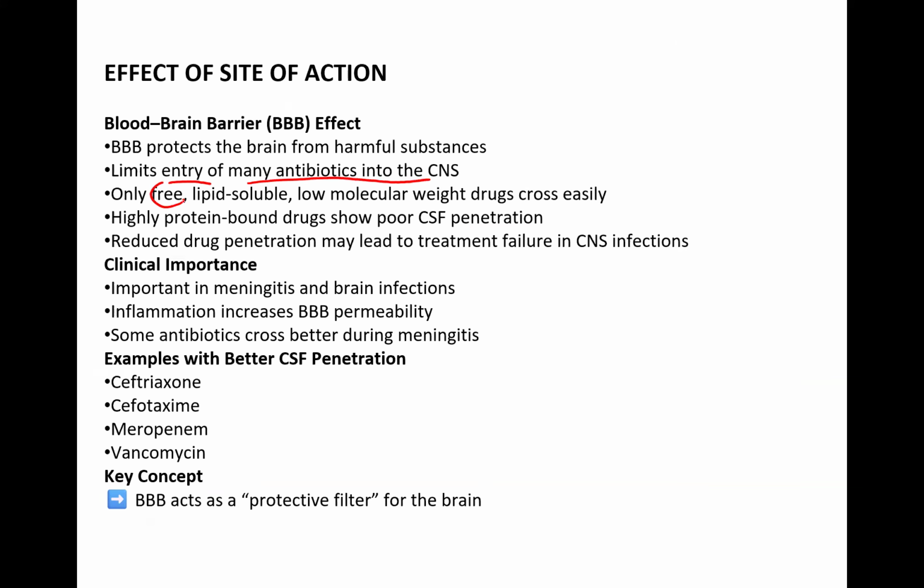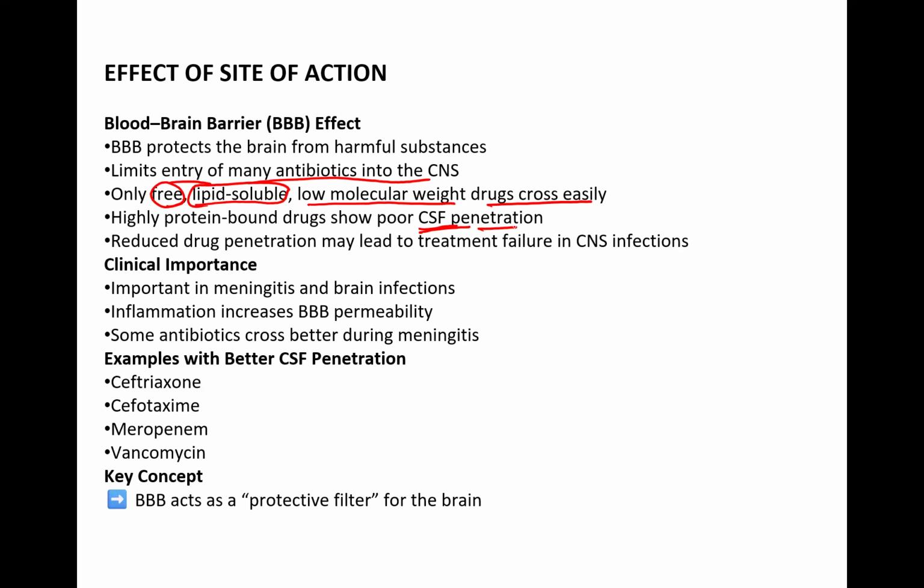Only free drug, meaning not bound to tissue proteins or plasma proteins, and only lipid soluble drug can cross the blood-brain barrier. Low molecular weight drugs can cross easily, whereas high protein bound or high molecular weight drugs show poor CSF, cerebrospinal fluid, penetration.